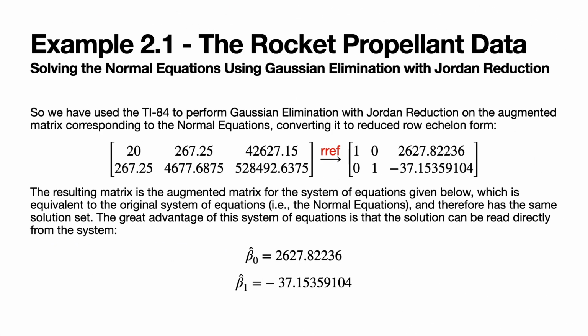So we have used the TI-84 to perform Gaussian elimination with Jordan reduction on the augmented matrix corresponding to the normal equations, converting it to what is called reduced row echelon form. That reduced row echelon form is the rightmost 2x3 matrix on this slide.